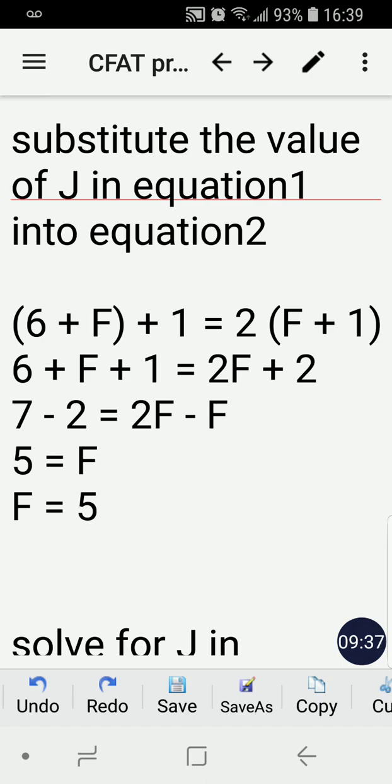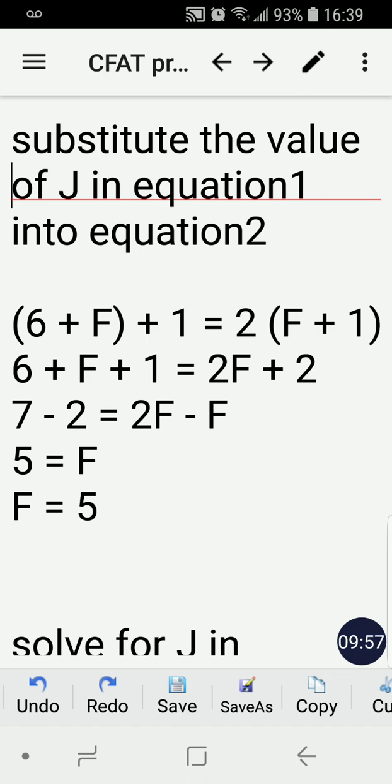Removing the parentheses, 6 plus F plus 1 is equal to 2F plus 2, by distribution: 2 times F plus 2 times 1.